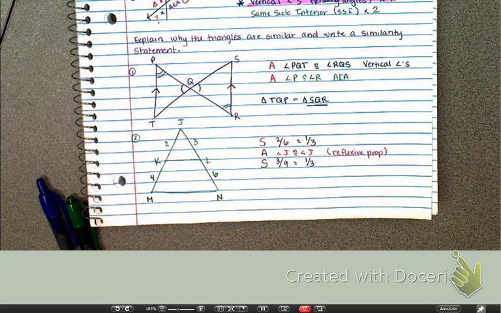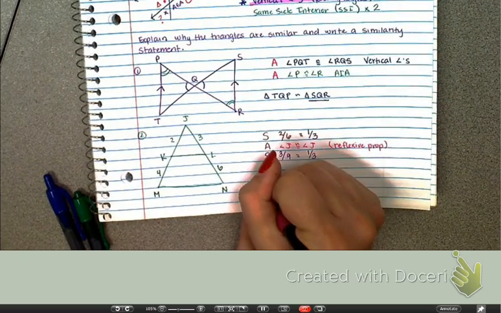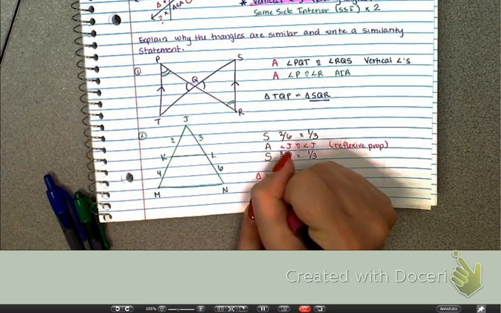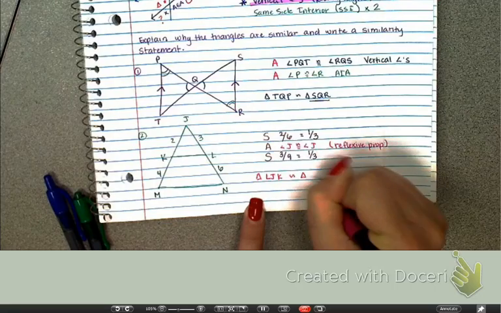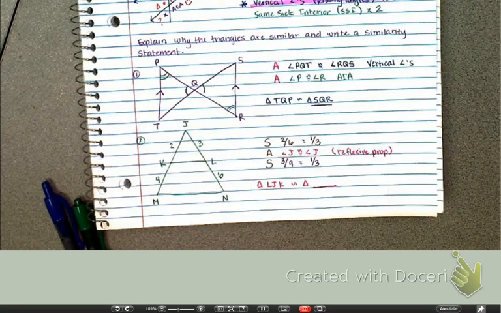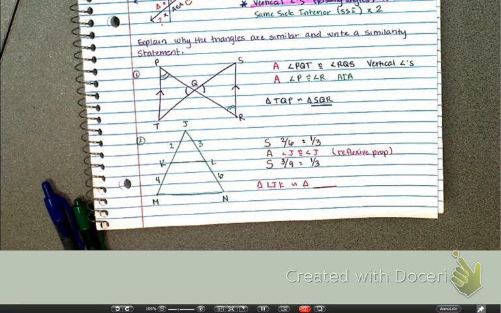The reflexive property says that angle J is congruent to itself. So if I tell you triangle LJK, what triangle is similar to LJK? I gave you the small triangle, LJK. What's similar to LJK? NJM.